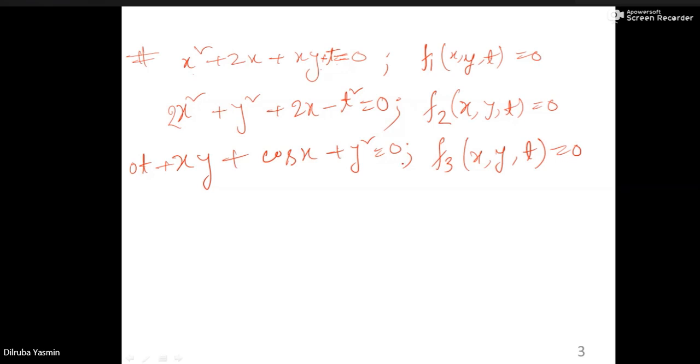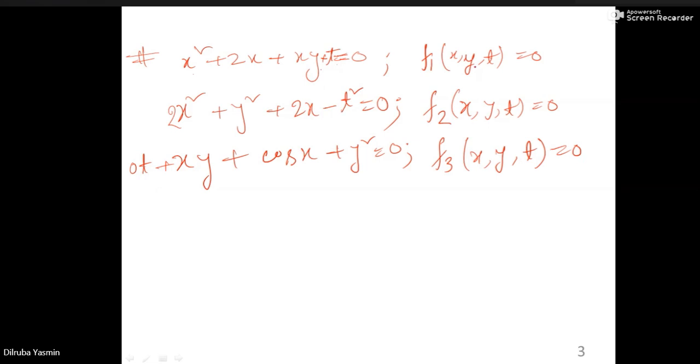So you can consider t as a variable for the third functional equation, because in the other two equations, the t variable exists. That's why you have to consider that in the third equation the t variable exists. So you now have three functional equations.